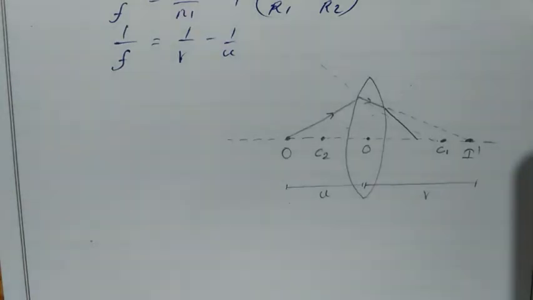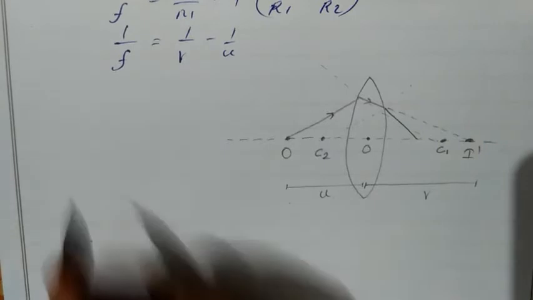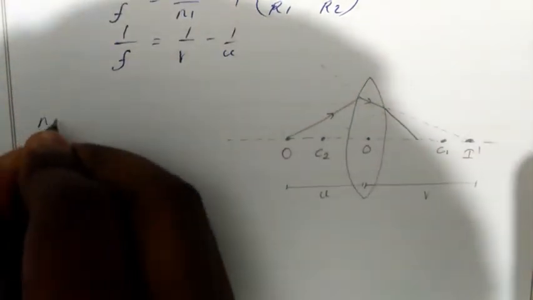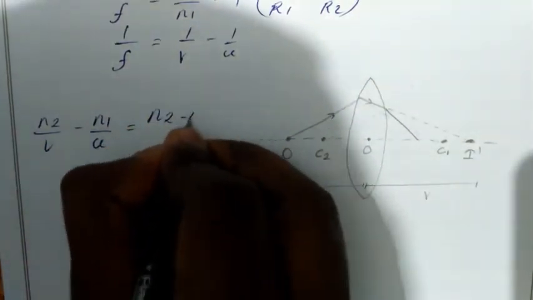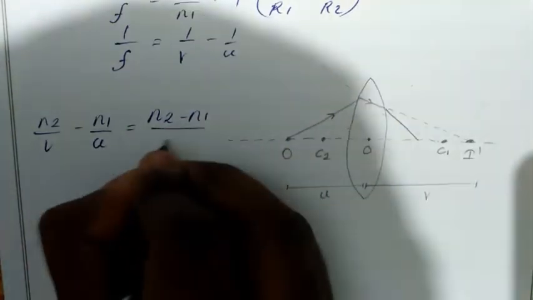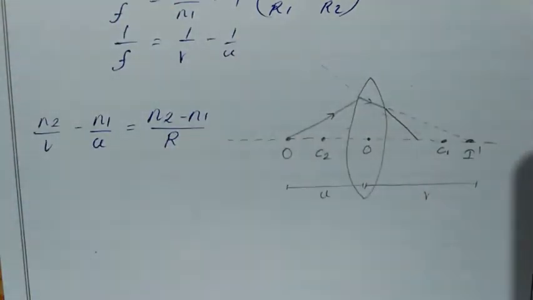Now tell me the formula for refraction through a spherical surface. We have n2 by v minus n1 by u equal to n2 minus n1 divided by r.